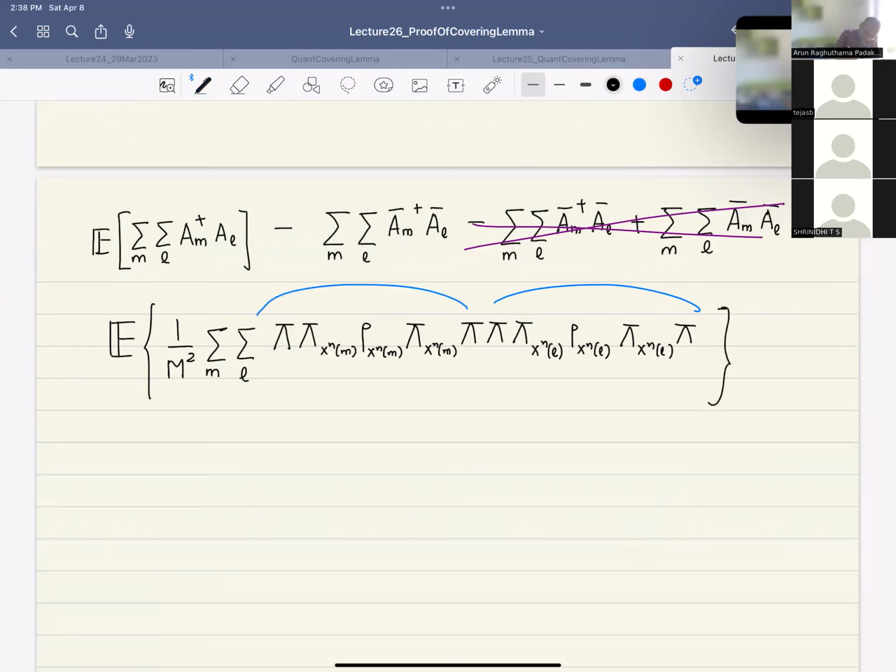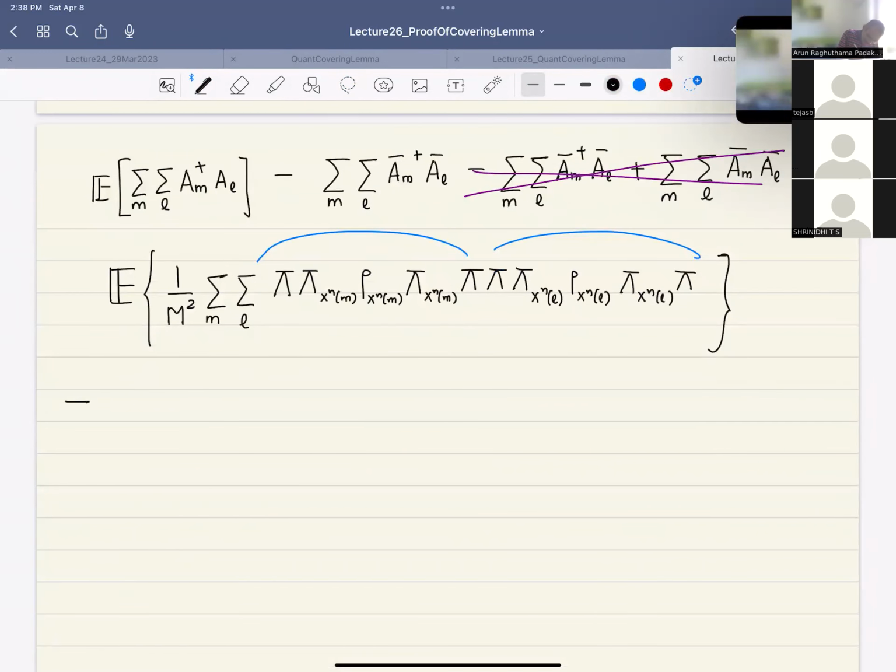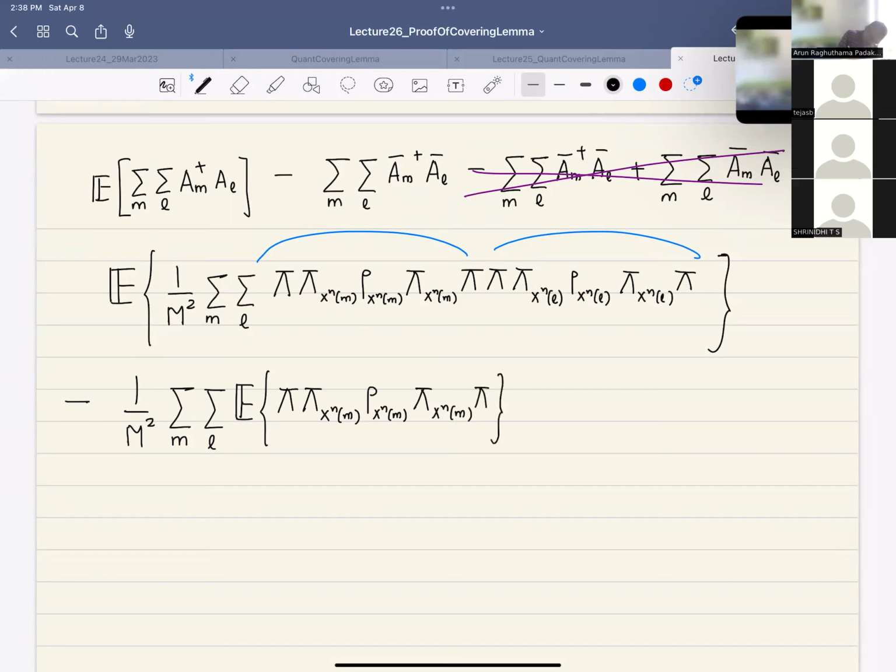This is the first term. What is the second term? Minus, this is what I have. 1 by m squared, sum over m, L, of the expectation of pi xn of m rho xn of m pi xn of m pi, times the expected value of pi xn of L rho xn of L pi xn of L pi.